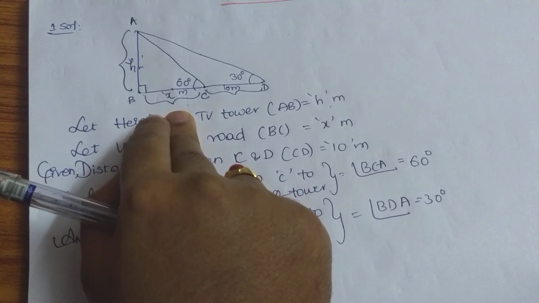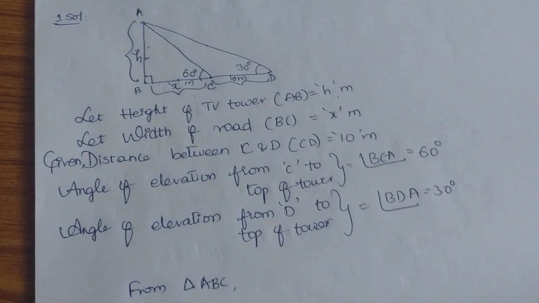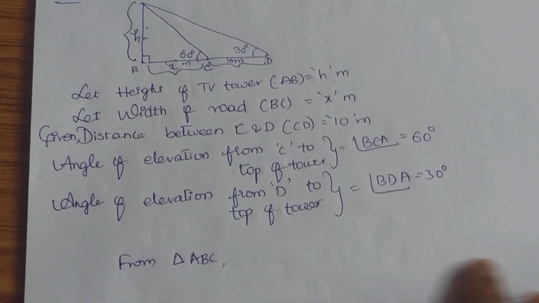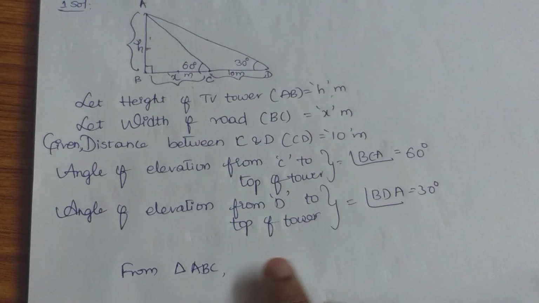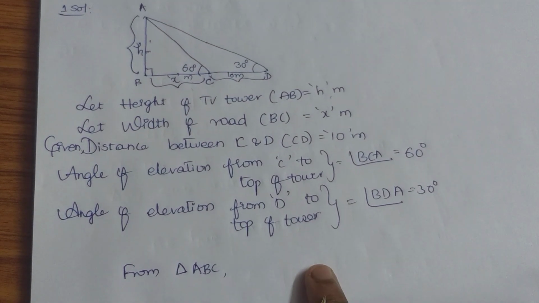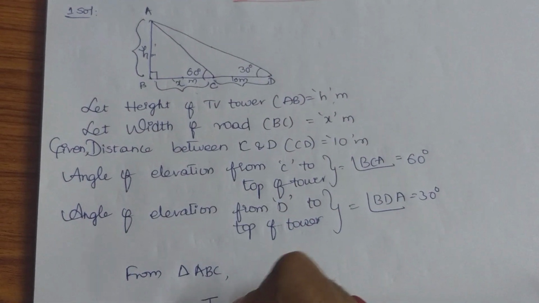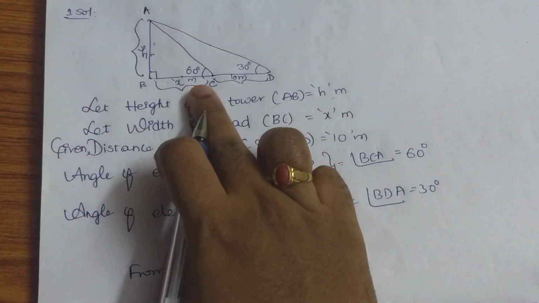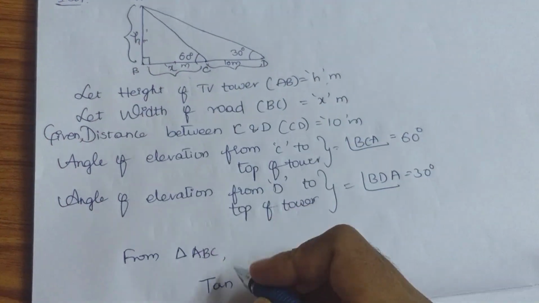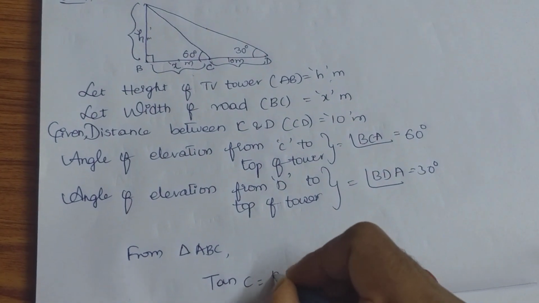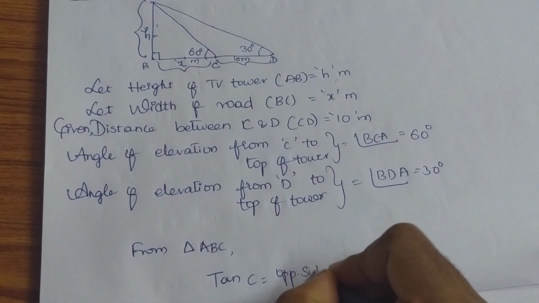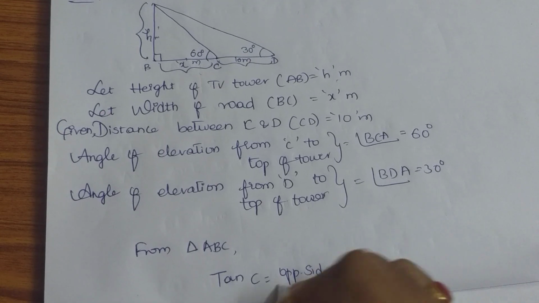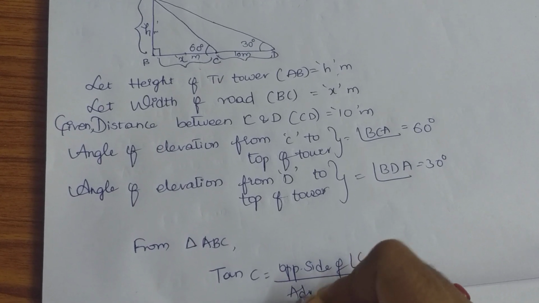But for making the calculation easier, I am taking the tan function only. So from triangle ABC, I will apply the tan ratio. What does it become? What is the angle here in triangle ABC? It's C. So tan C equals opposite side of angle C by adjacent side of angle C.